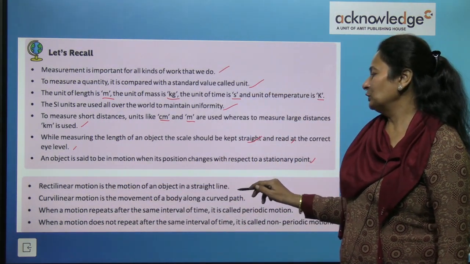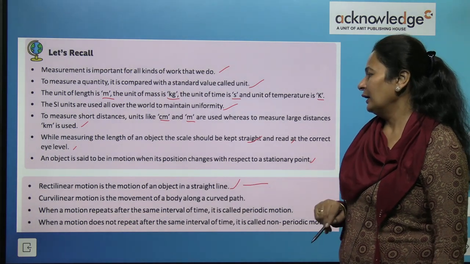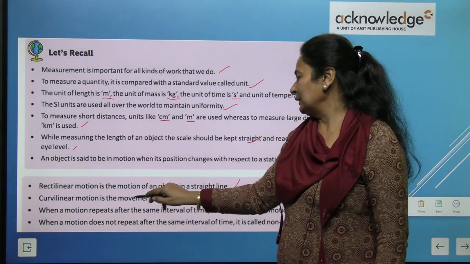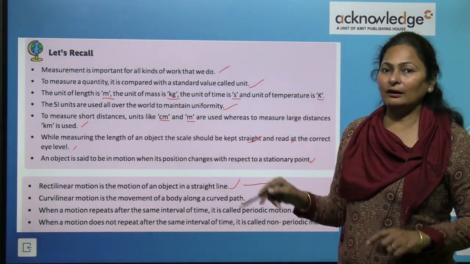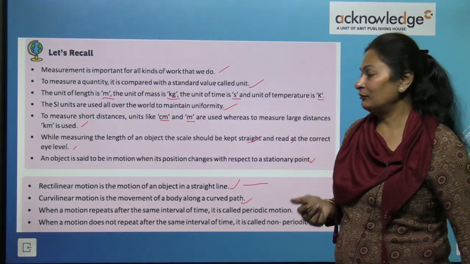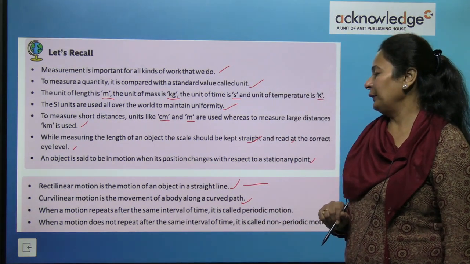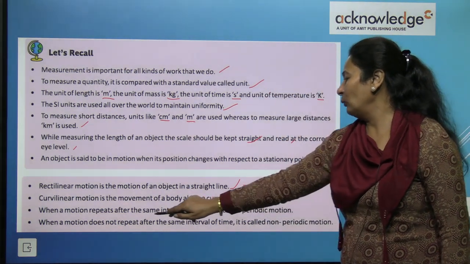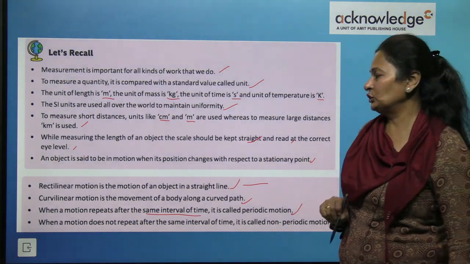Rectilinear motion is the motion of an object in a straight line, like this way. Curvilinear motion is the movement of a body along a curved path. When a motion repeats after the same interval of time, it is called periodic motion.